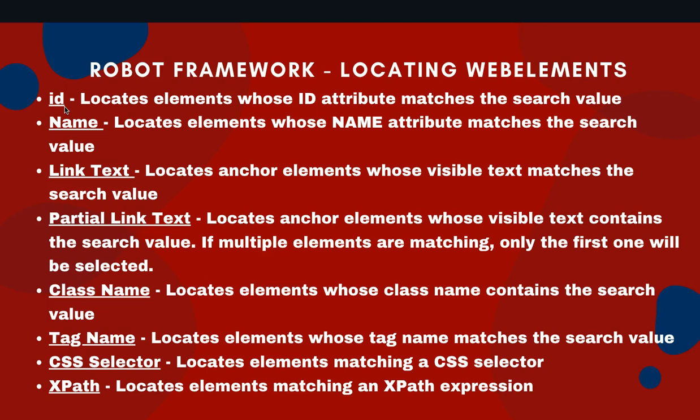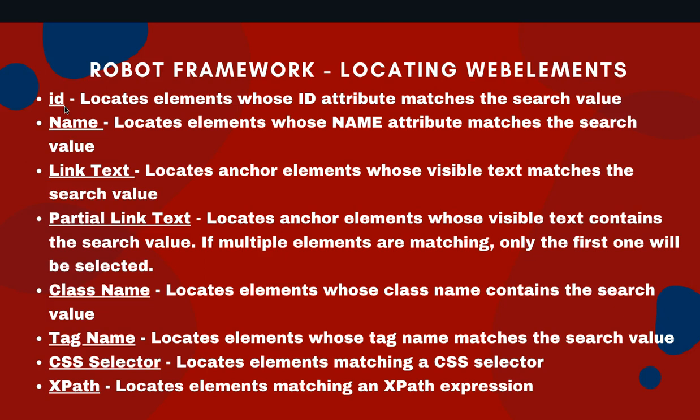I'll take the example of ebay.com and explain how you can find these web elements and write your test case using these different locator strategies and interact with those web elements, right?